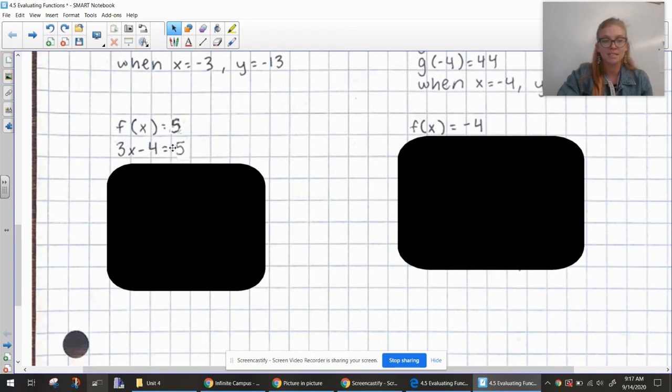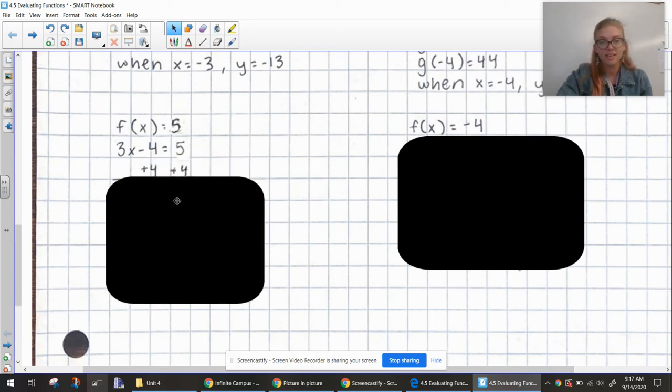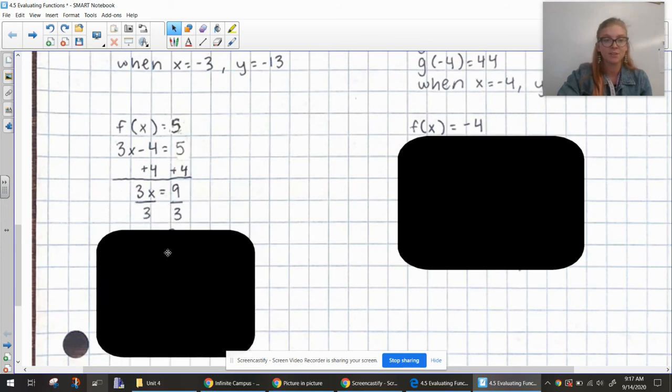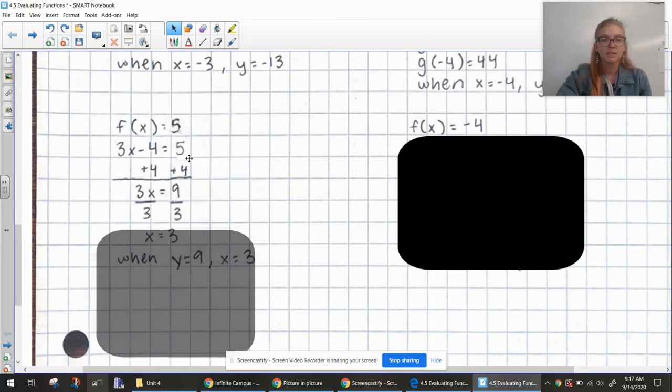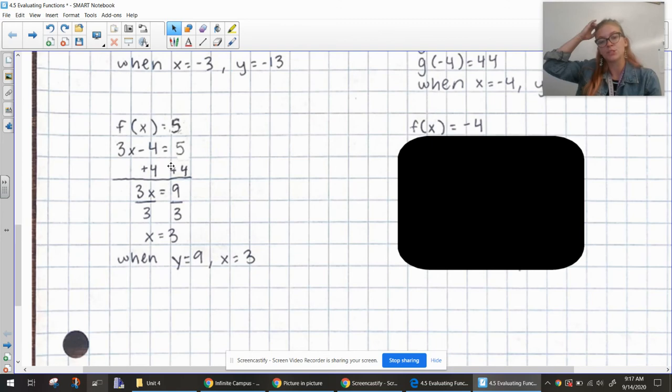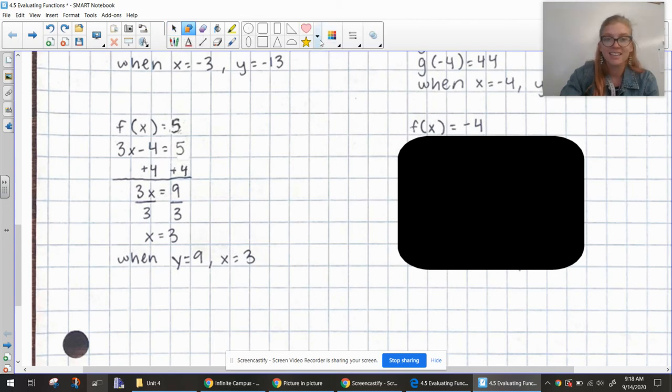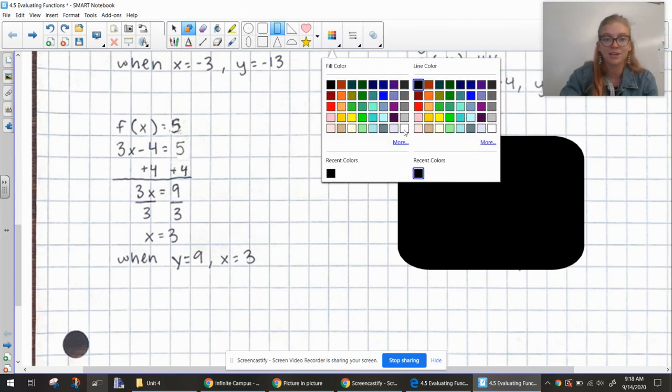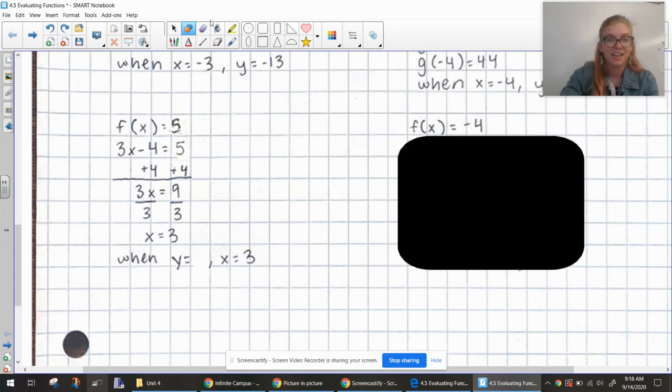So 3x minus 4 equals 5. Then I can solve by adding 4 on both sides, dividing by 3, and I get x equals 3. This tells me, that is the wrong number written there, that when y equals 5, x equals 3.